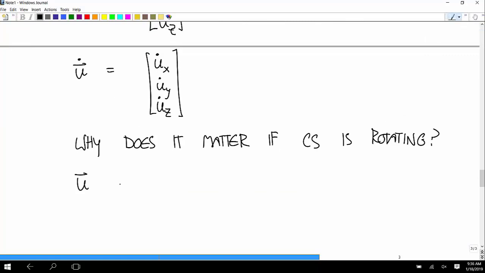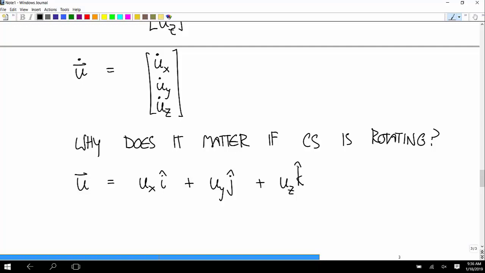So our vector u is equal to ux times i plus uy times j plus uz times k. Right? I just use a different notation, but that's what it means.